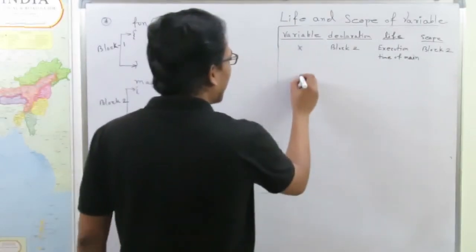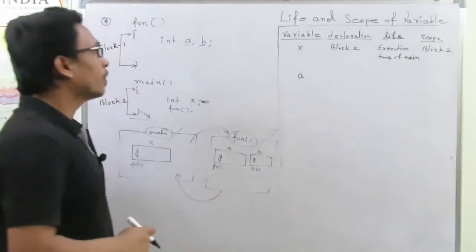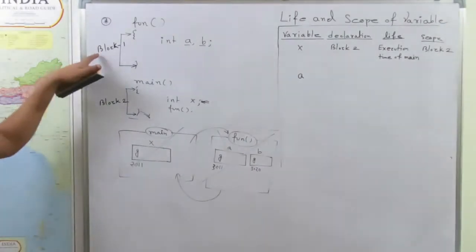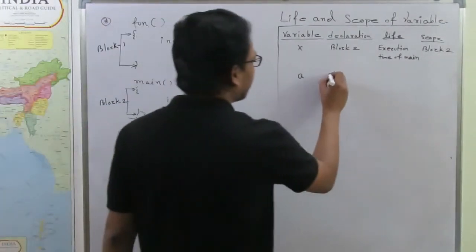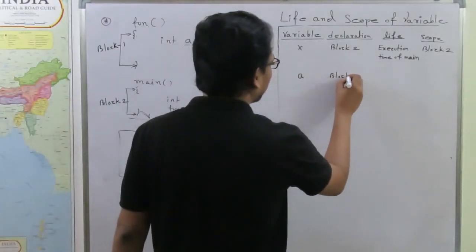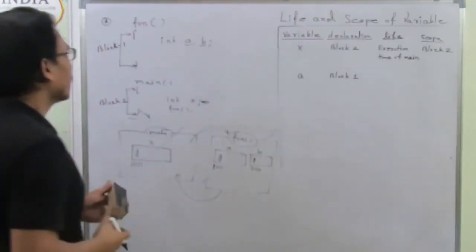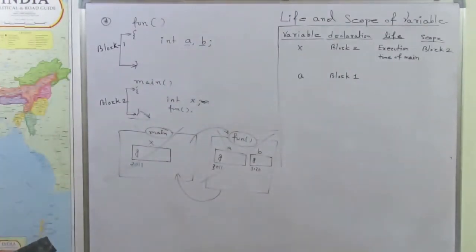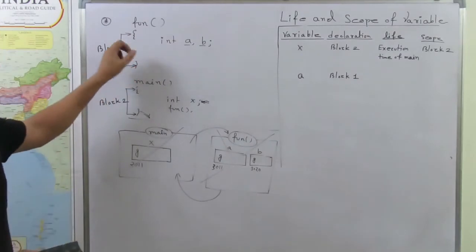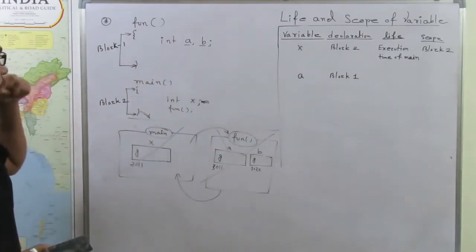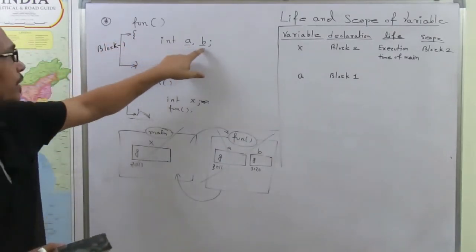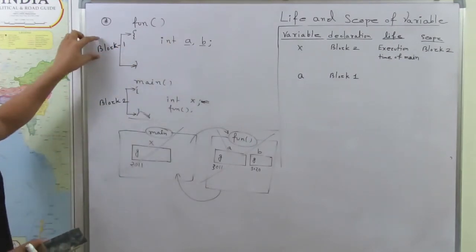Now the next variable we have is a. Where is a declared? In block 1. Now what will be the scope of this variable? That means where we can access this variable: both of these blocks, or only within block 1?